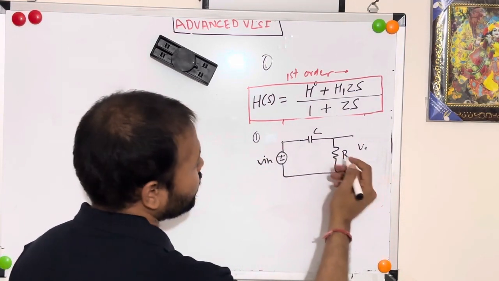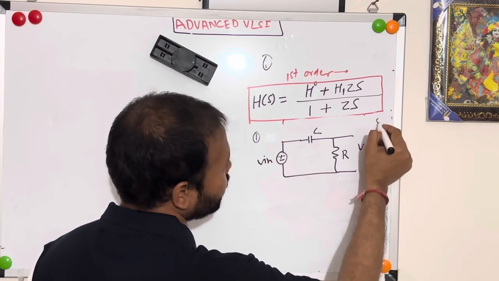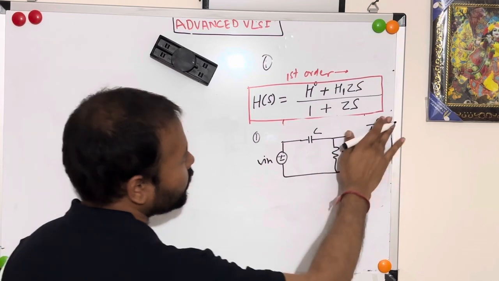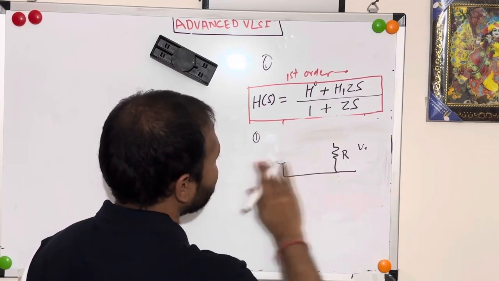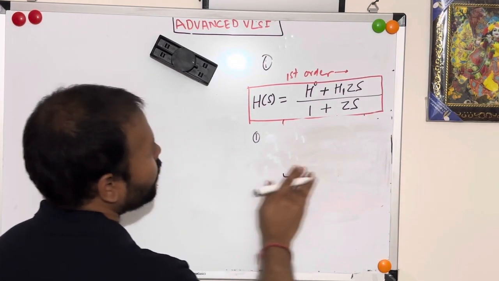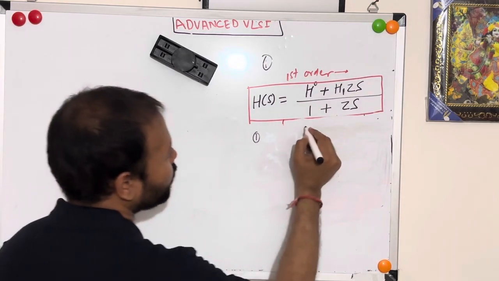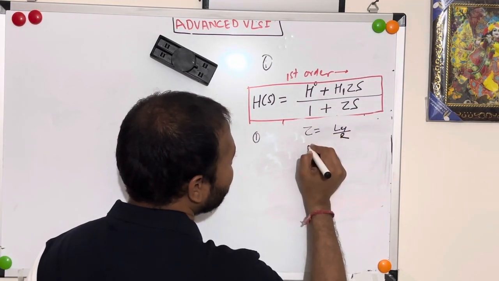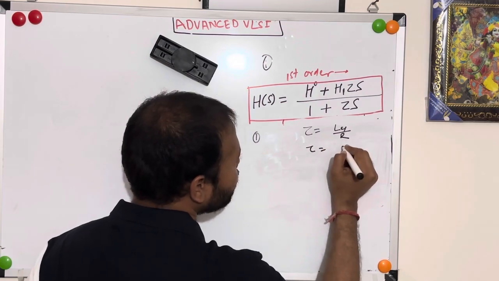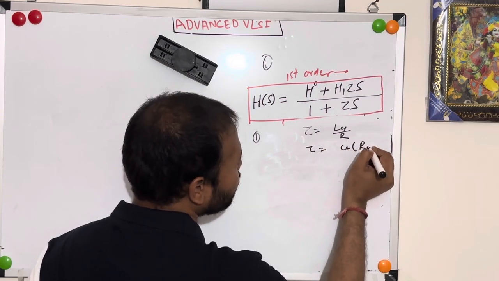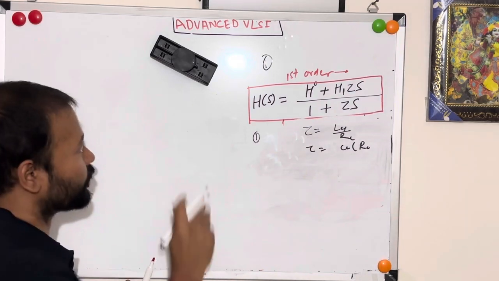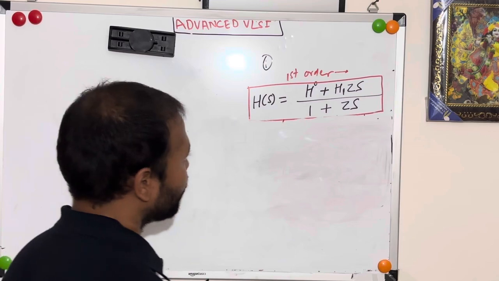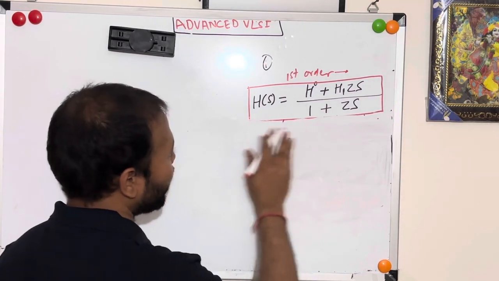What is the transfer function for a high pass system? S by 1 plus S tau. Tau is the time constant. Tau is equal to L equivalent by R, and also tau is equal to C equivalent into R equivalent, for a first order circuit. Now I will teach you how to find the transfer function of any given circuit.